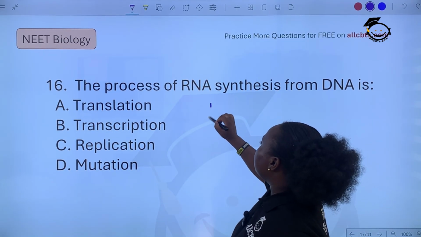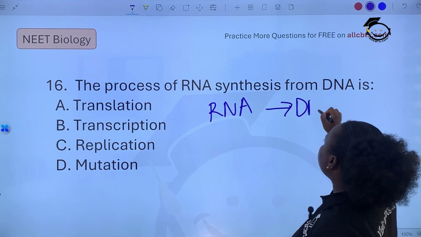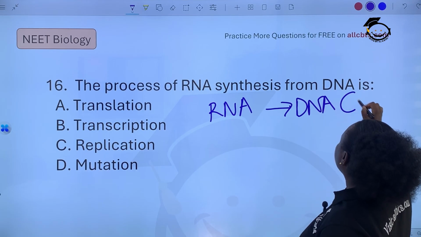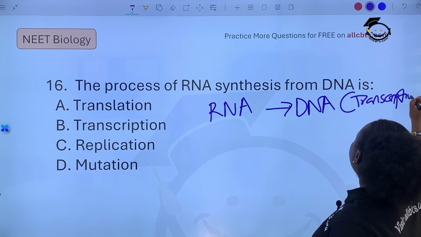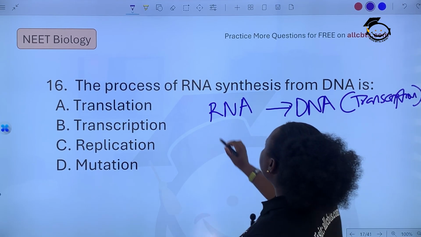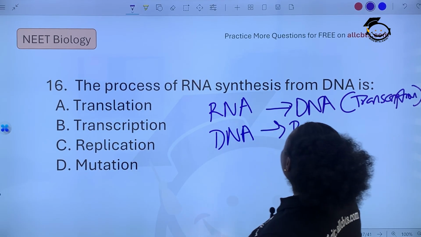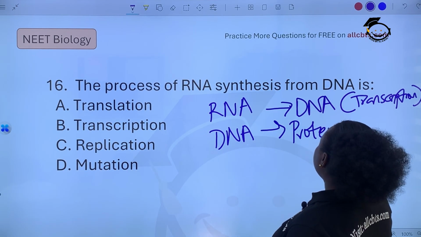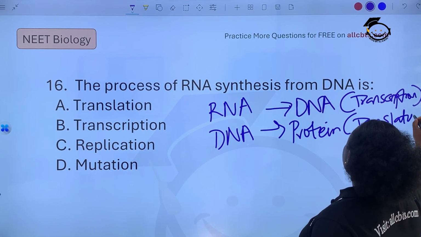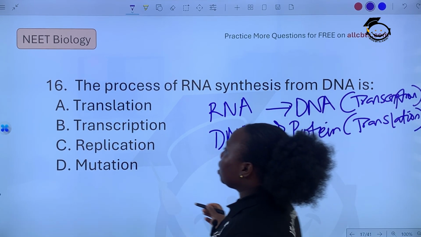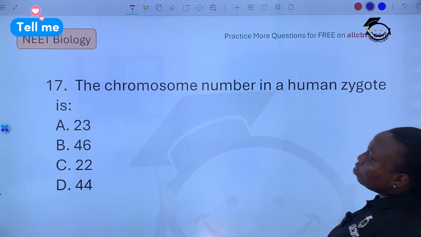Now from DNA to RNA is called transcription, while from RNA to proteins, that's what is now called translation. So our answer here is option B, transcription.